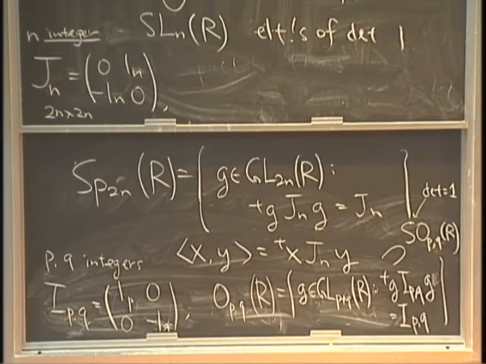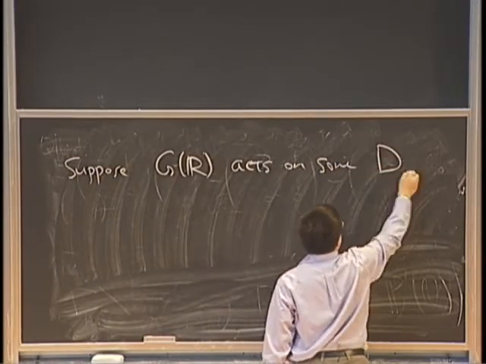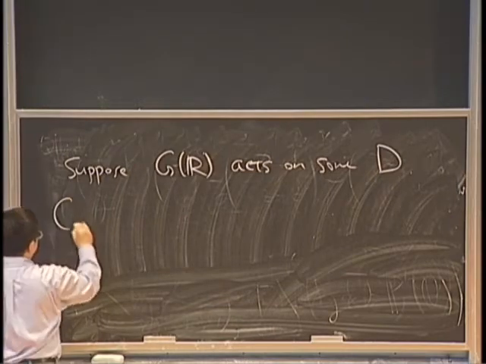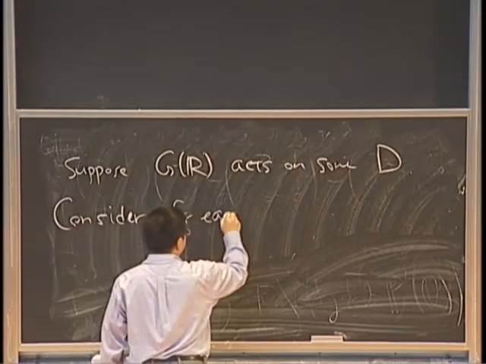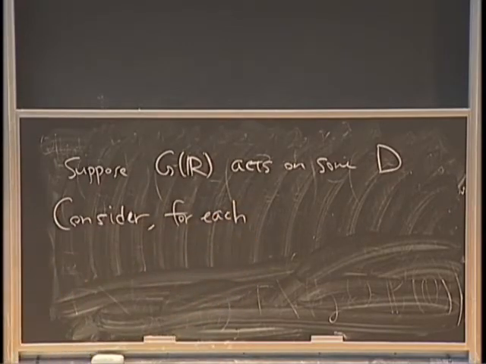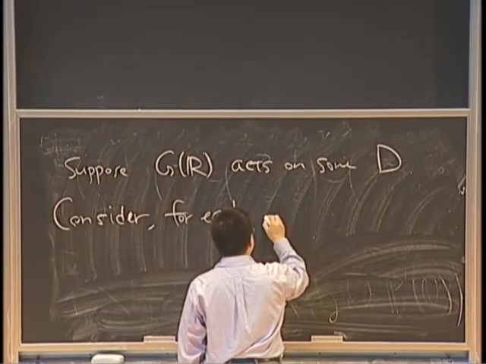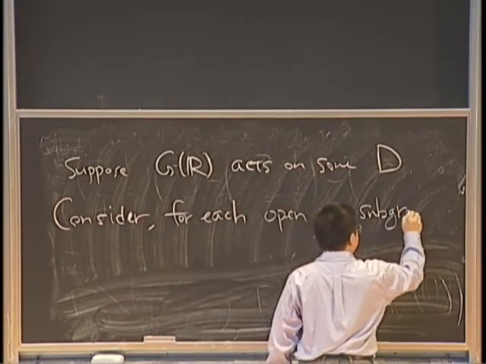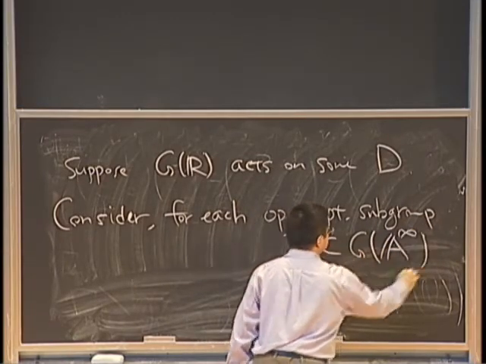So suppose G(R) acts on some D. I'm not even making it clear what D is, just some D. And now we'll consider the following. For each open compact subgroup, I'm now talking about these finite adelic points.